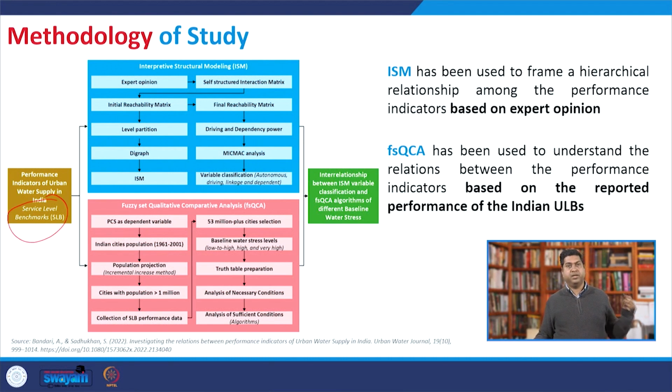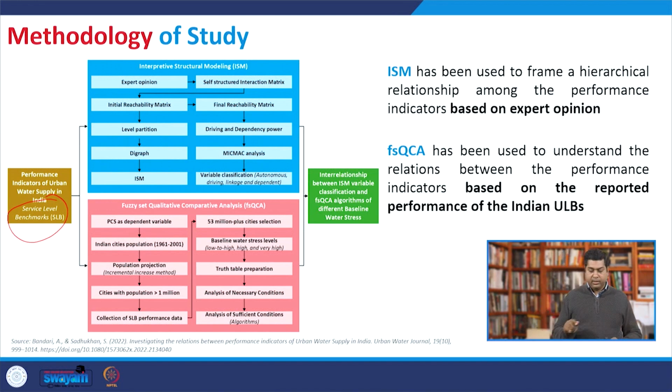We take the information that is available open source, which is filled in by different urban local bodies, and also the population, where based on the projected population in 2021, cities having more than 10 lakh, the 1 million population, were taken into consideration.